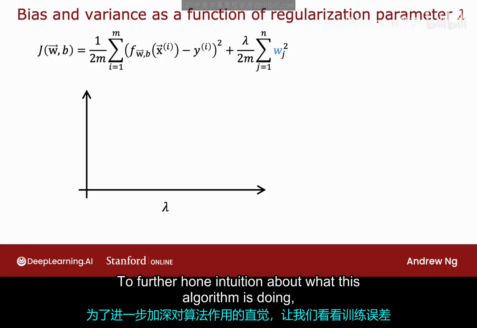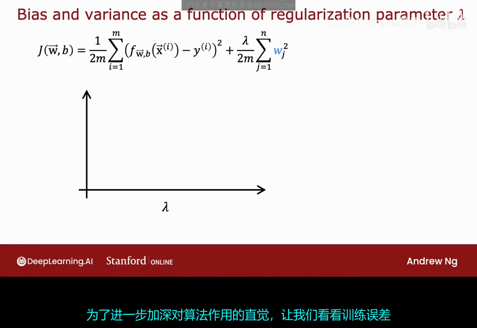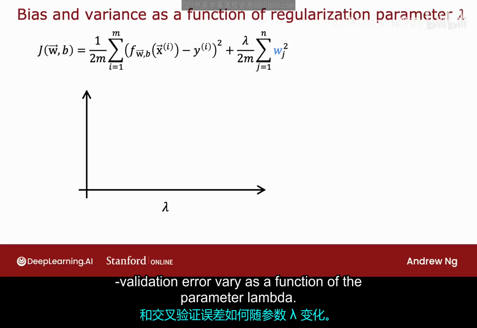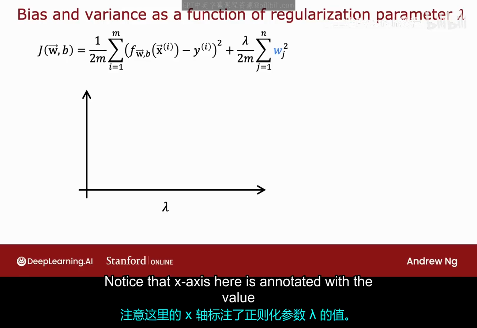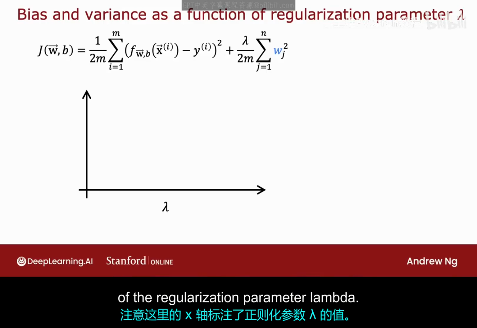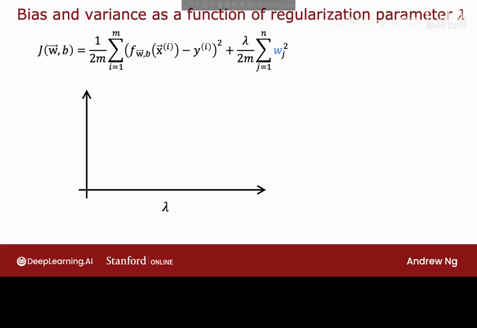To further hone intuition about what this algorithm is doing, let's take a look at how training error and cross-validation error vary as a function of the parameter lambda. In this figure, I've changed the x-axis again. Notice that the x-axis here is annotated with the value of the regularization parameter lambda.